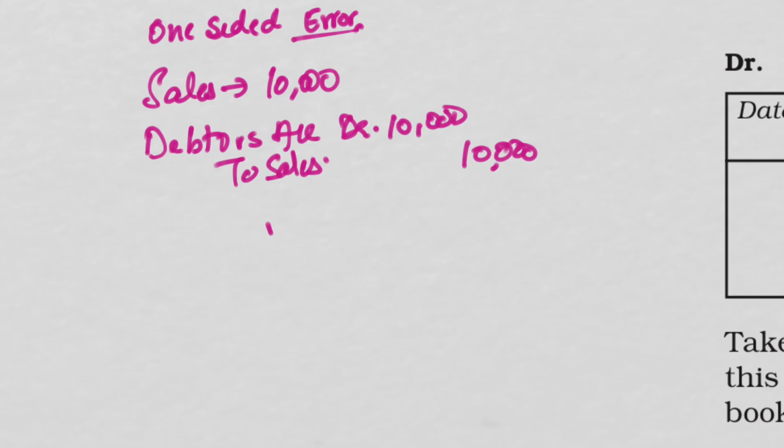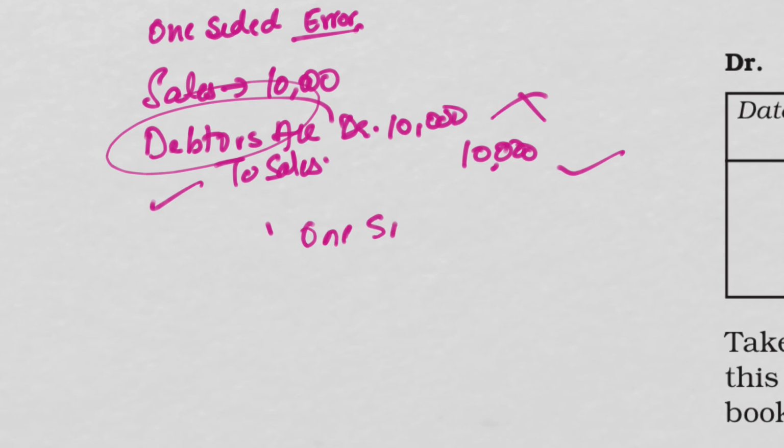But imagine the accountant posts the entry only to the sales account and forgets to post it to the debtors account. So now the sales account is recorded, but the debtors account has not been recorded. So only one side is affected. So this basically causes a difference in trial balance.